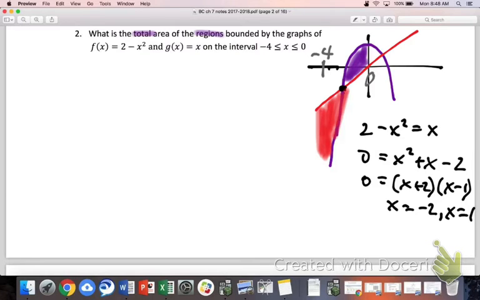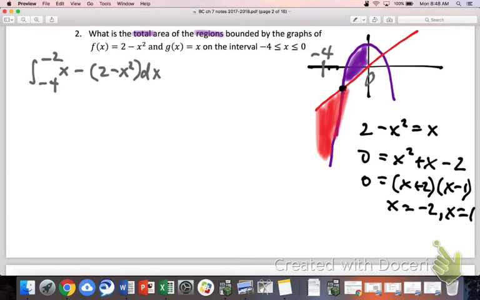Okay. So because I've got two different regions, and depending on the region, either the line is higher or the parabola is higher, what does that lead us to do as far as a strategic path here? What are we going to have to do just kind of in general? Two different integrals, and then add it up, right? I agree. So for the red region, I think we'd go integral from -4 to -2. And since on that particular region the line is higher, we would go x minus (2 minus x squared) dx.